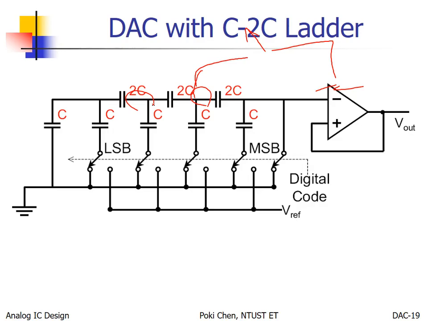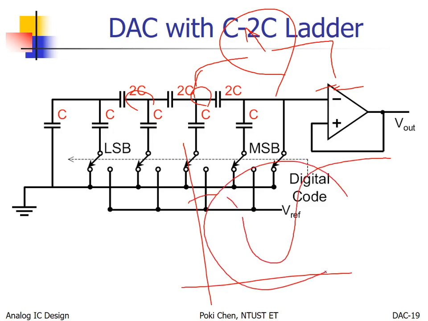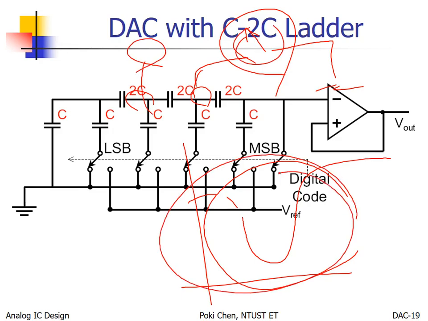Because how can you implement such switches? Transistors, right? But what is the problem about transistors? The capacitance looks like this. It's highly nonlinear. So if you have switches here and switches there, you will get such highly nonlinear parasitic capacitance to destroy all the performance.